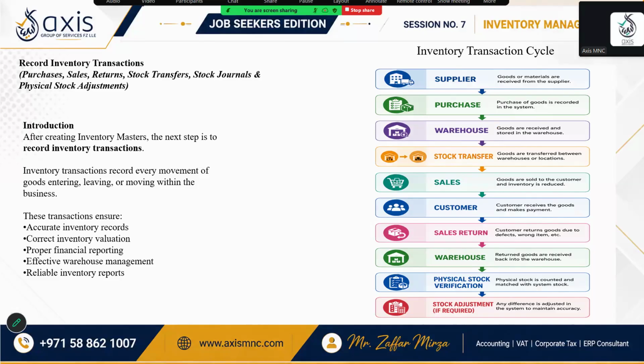From the warehouse, internally it will transfer to the factory, or from one warehouse to another warehouse, or from the warehouse to the outlet. Next, from there we sell to the customers. Sometimes customers will return, a sales return. When there is a sales return, the goods will go to the warehouse, and we take the physical stock verification and do the stock adjustments. Shortage is there, sales is there.